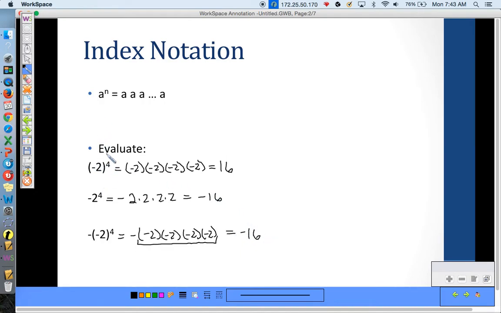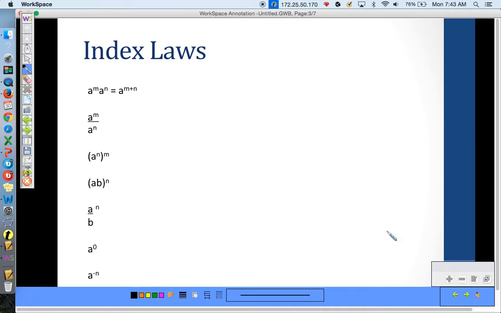And this is where we often talk about the calculator and entering negatives into parentheses. So we'll see if you guys remember these laws from last year, exponential laws. And again, if we had a to the third times a squared, that's a times a times a times a times a. So it's a to the fifth, so we add those.